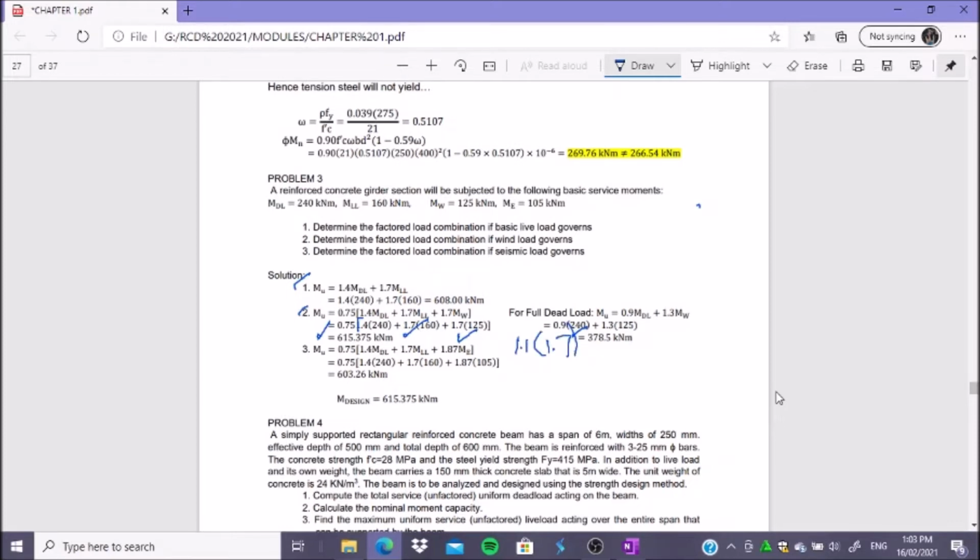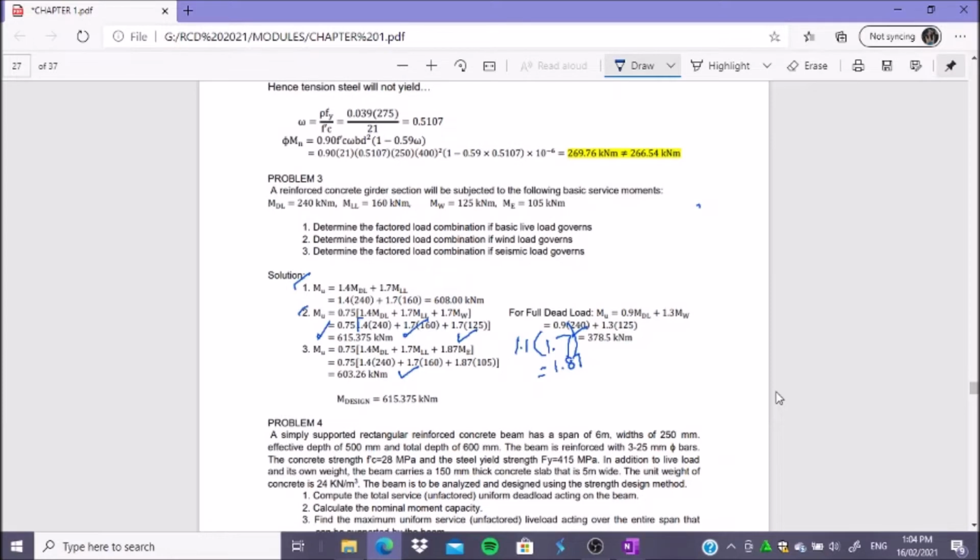Yan, 1.87 yan. Kumbaga kasi yung 1.7 is for wind. Anong ibig sabihin niyan? 1.1 din yung relationship ng wind sa earthquake. Okay, so we have 603.